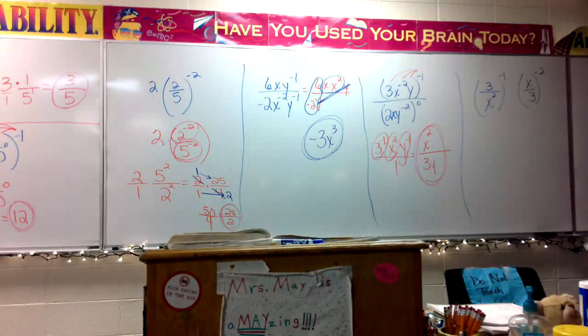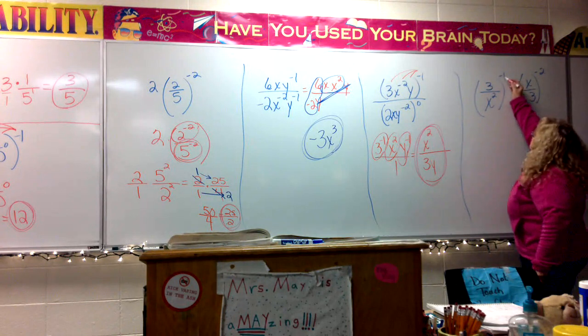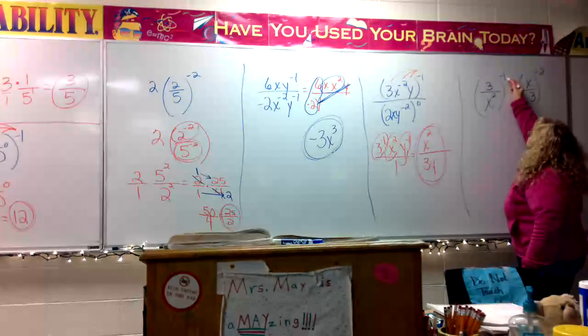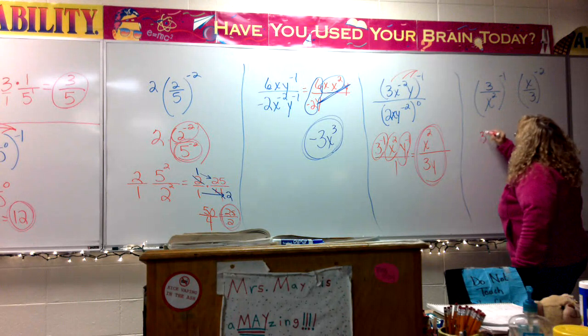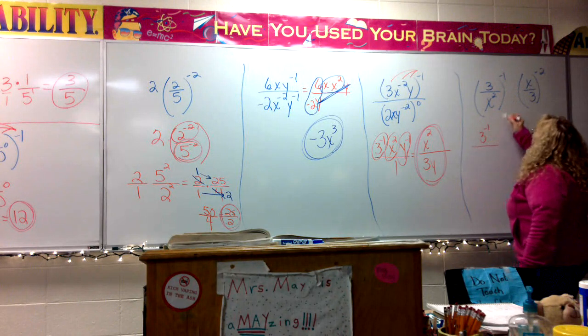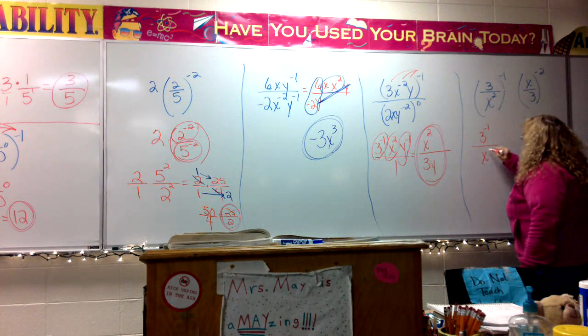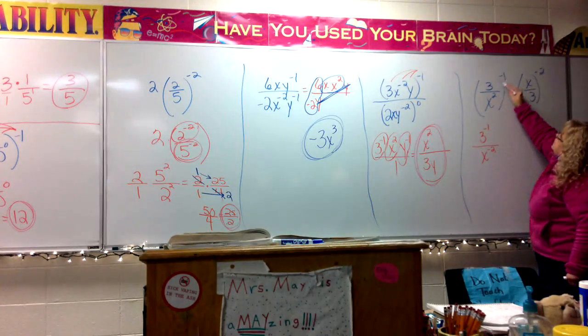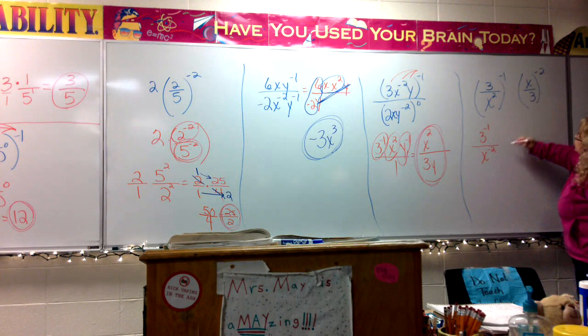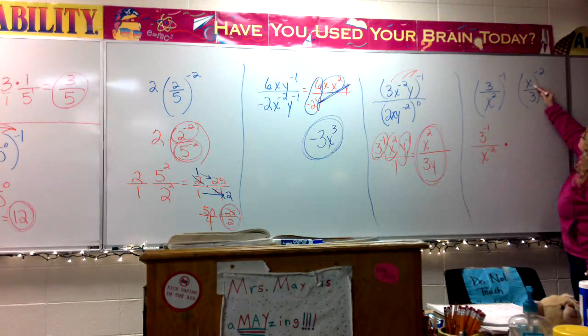Yeah. How about one more just for fun? Remember, outside parentheses, it goes with both of those. So on top, that would be 3 to the -1. What's bottom? -2, because you have to multiply those. And then what about this one?